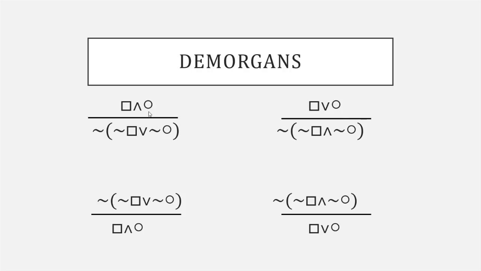I use these versions less. It's fairly rare in my experience to need to get it's not the case that not box or not circle. It's very common that you've got the negation of a conjunction or a disjunction, and you want to get something useful out of it. But nonetheless, these are all available to you as moves now.